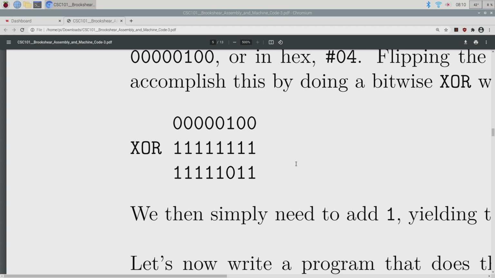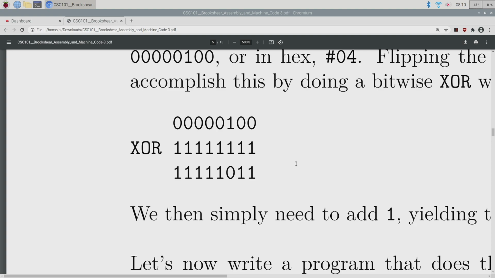Do you all agree that the only bit that actually flips from 1 is the third bit, because 1 XOR 1 is 0, the opposite of 1? The rest of them flip from 0 to 1, because 0 XOR 1 is 1. Do we all buy that? Okay, so that's the flip the bits part.